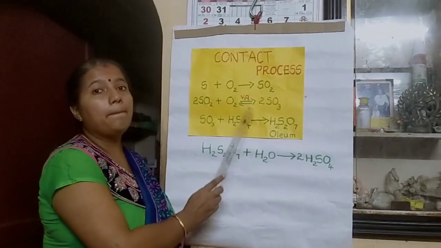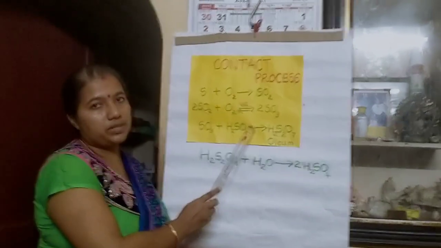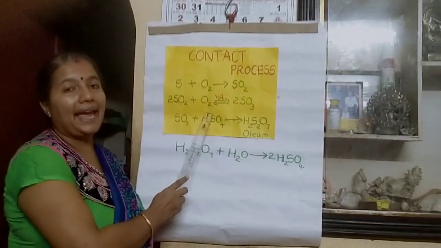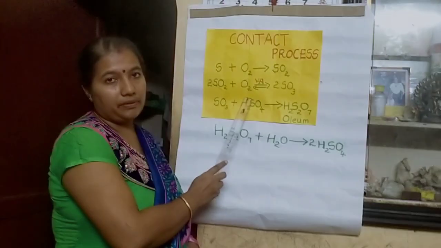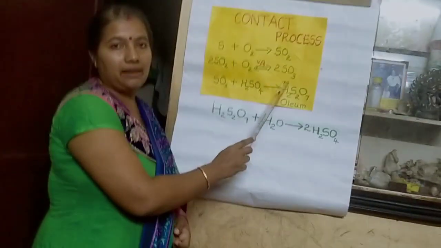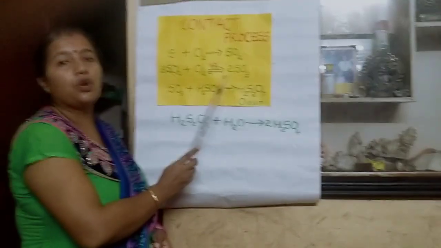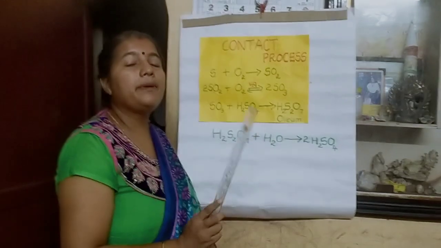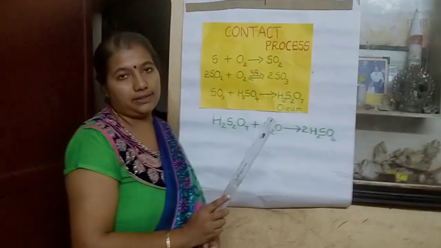This is the most important step in the contact process. It is a reversible and highly exothermic process. So how can we get 2 moles of SO3, sulfur trioxide? Two most favorable conditions are required.